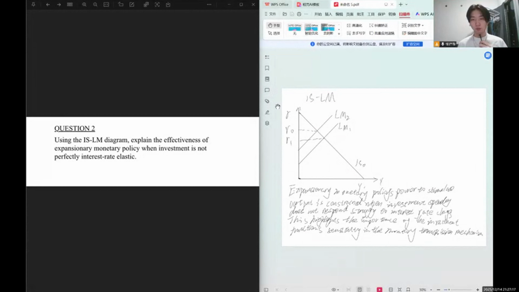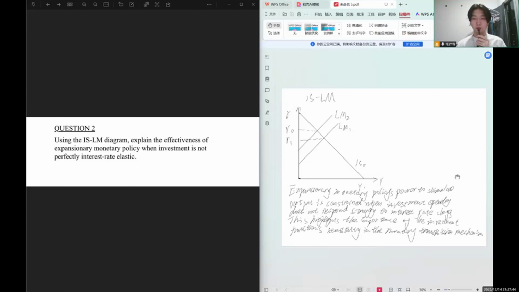Draw a diagram to answer this question, and also do some analysis. The effectiveness of expansionary monetary policy is significantly diminished when investment is not highly interest rate elastic.